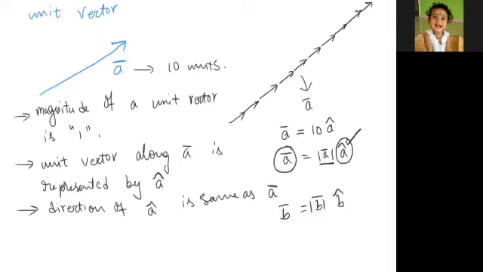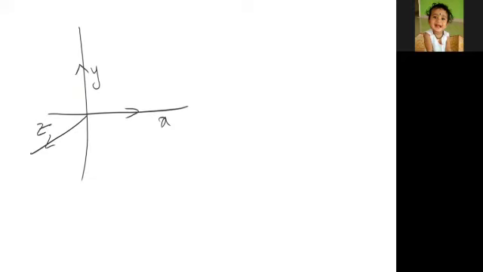Okay. Now let us see standard unit vectors. Usually there are three directions we talk about: x, y, and z. Coordinate system is always divided into three coordinates like this.